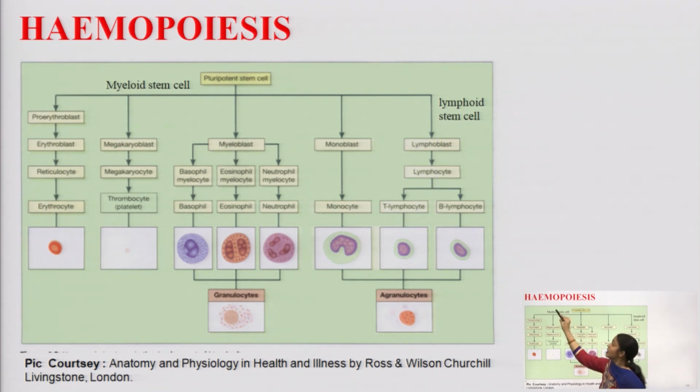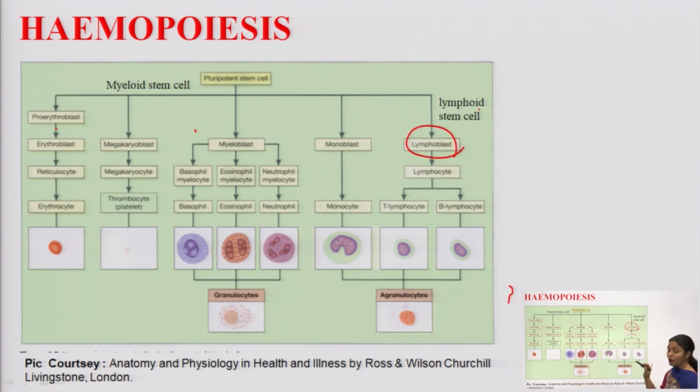Myeloid stem cells start their development in the red bone marrow and complete their development in the red bone marrow, while the lymphoid stem cells start their development in the red bone marrow but complete their development in the lymphoid tissue. Myeloid stem cells further divide into many cells and form the precursor cells like proerythroblast, megakryoblast, myeloblast and monoblast. They all are precursor cells, while the lymphoid stem cells form the precursor cell, that is lymphoblast.